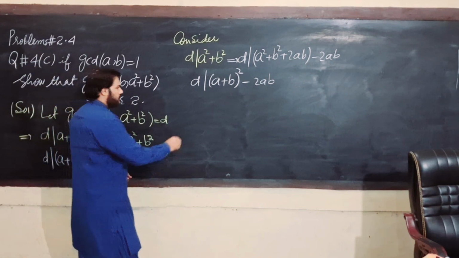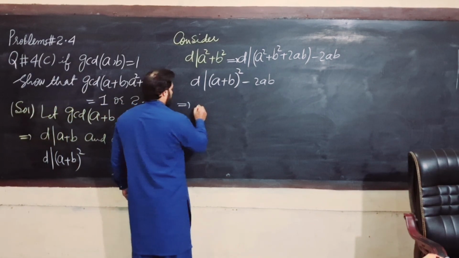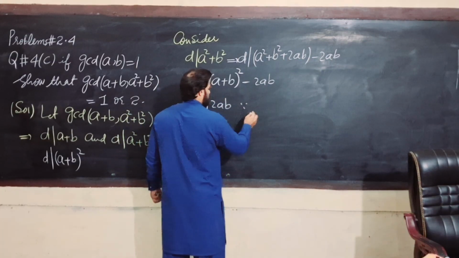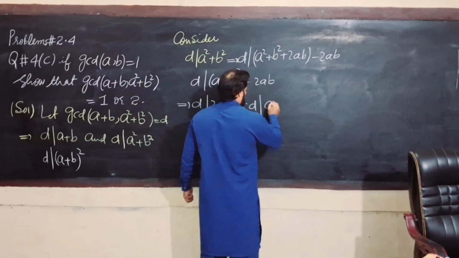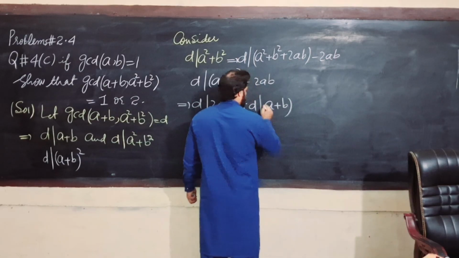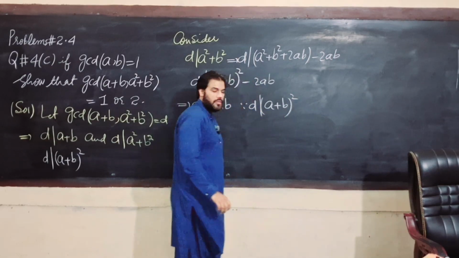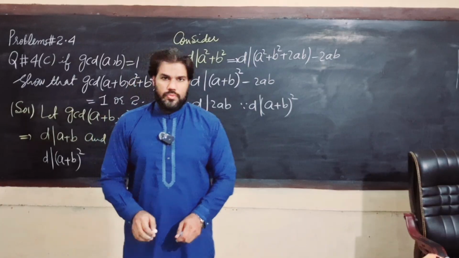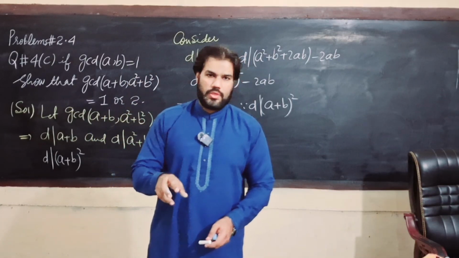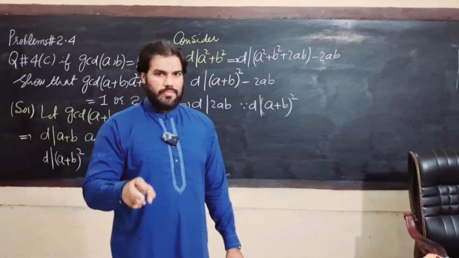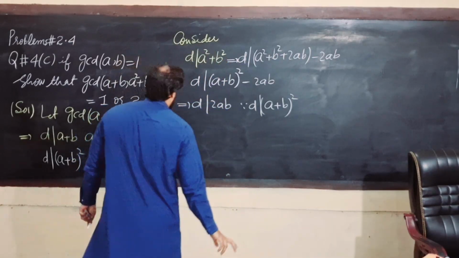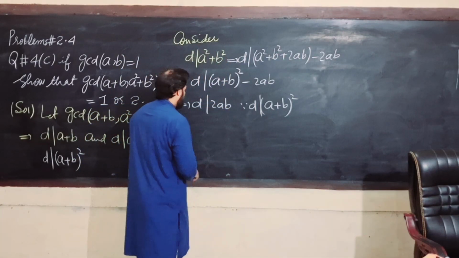It must be that D also divides the second number, 2ab. You can give the reason: it is obvious that if a number divides the difference of two numbers, and it also divides one of them, then it must divide the second number also. It means D divides 2ab. Say this is my star.